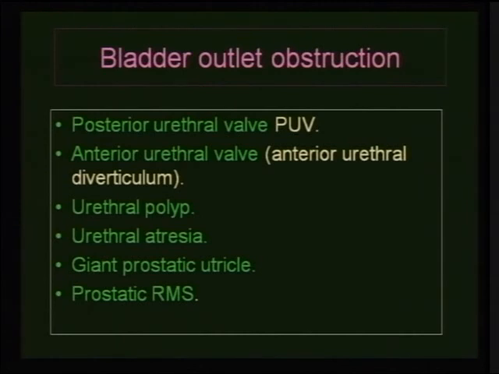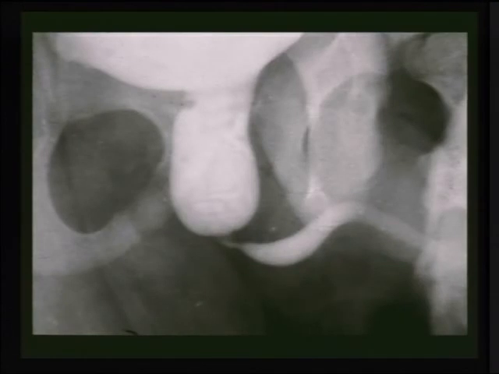Bladder outlet obstruction could be due to different causes: posterior urethral valve, anterior urethral valve, polyp, atresia, giant prostatic utricle, similar to what we have said before, or it could be a tumor, rhabdomyosarcoma. This is an example of posterior urethral valve, where you find that the posterior urethra is dilated up to the external sphincter.